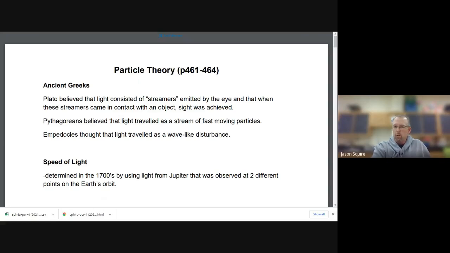Pythagoras and his followers, called Pythagoreans, believed that light traveled as a stream of fast-moving particles, not originating from the eyes. About the same time, back in ancient Greece, Empedocles, never met the guy, but I hear he was quite a fine guy, thought that light was more like a wave. So even going back to the ancient Greeks, there were competing theories.